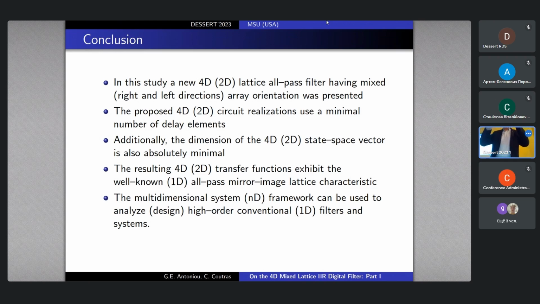You derive the 4D, 5D transfer function, and then by making Z2, Z3, Z4 equal to 1, you can go back to 1D, and then you can increase the size of the filter using the transfer function. The only drawback is you have to invert matrices that have characters, which is very important, okay? And you must write specialized programs in Java or Python.